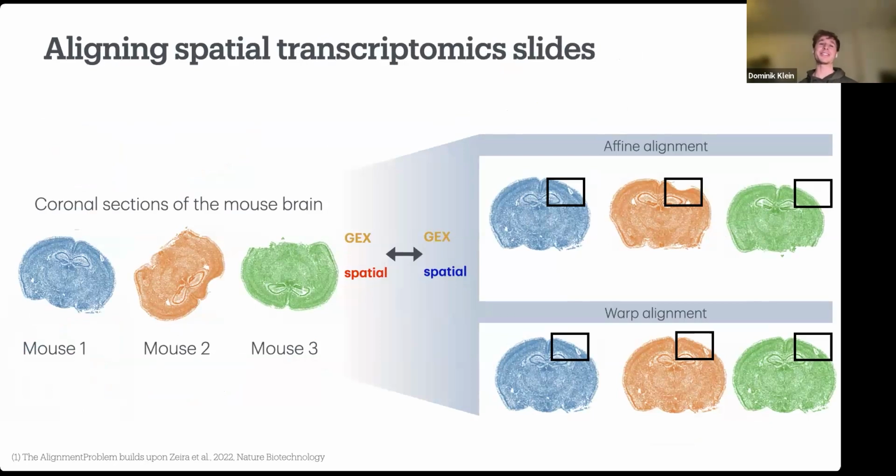This is actually the reason why I said we cannot compare spatial coordinate systems in spatial transcriptomics in general, because those coordinate systems are rotated or are warped. Here we consider the use case of coronal sections of the mouse brain. We have 3 different mice, and in order to get a more comprehensive view of the actual spatial structure of the mouse brain, we want to align them.